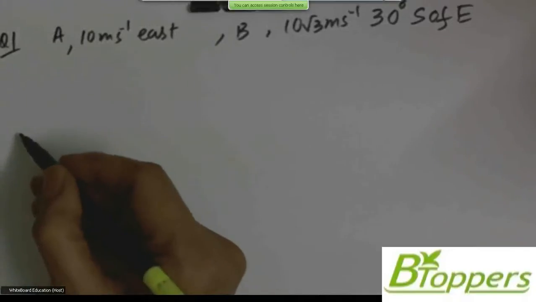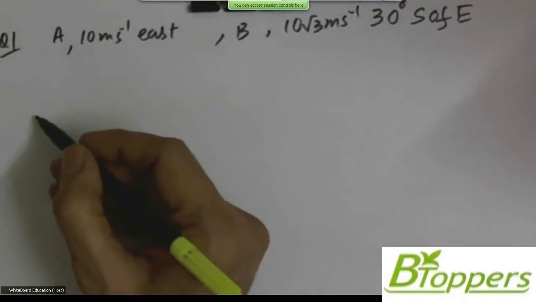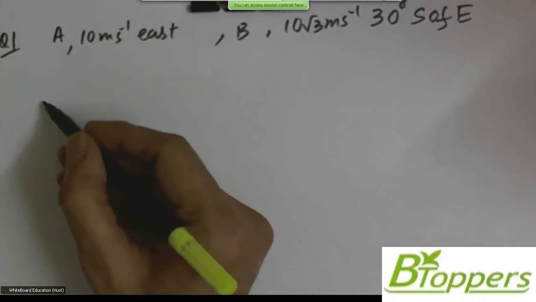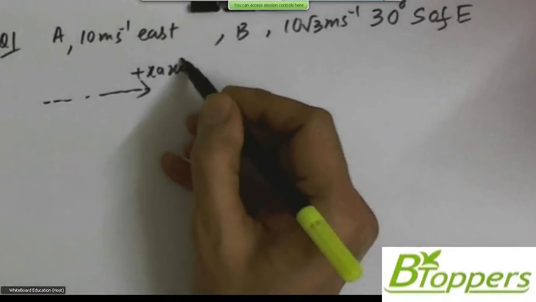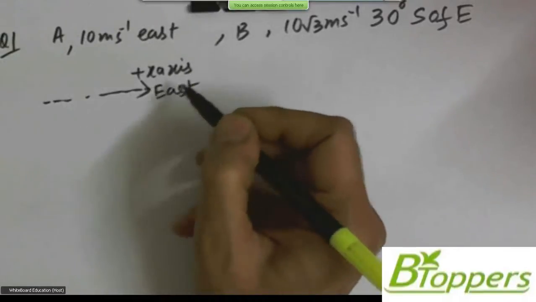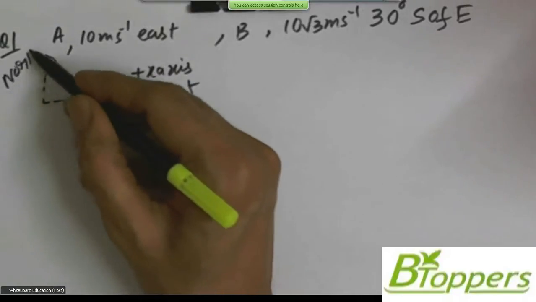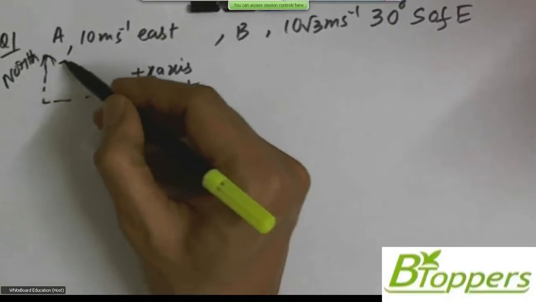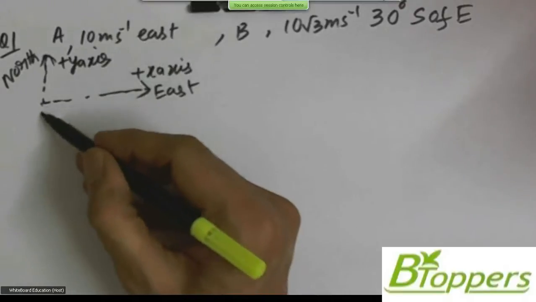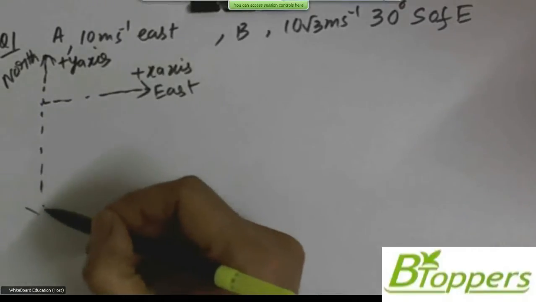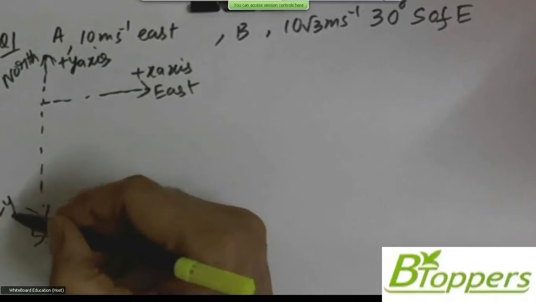So we can choose the horizontal direction towards east as the positive direction of x-axis, and the horizontal direction towards north as the positive direction of y-axis. So the horizontal direction towards south will be the negative direction of y-axis.